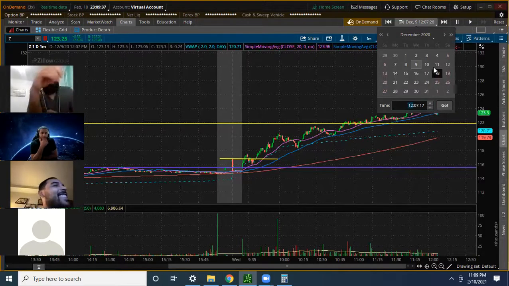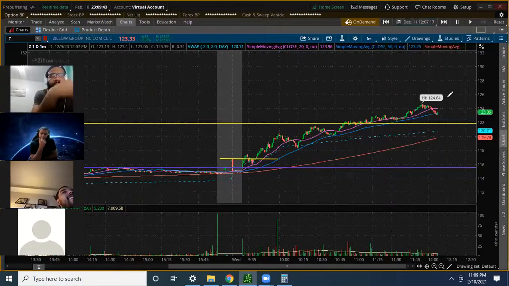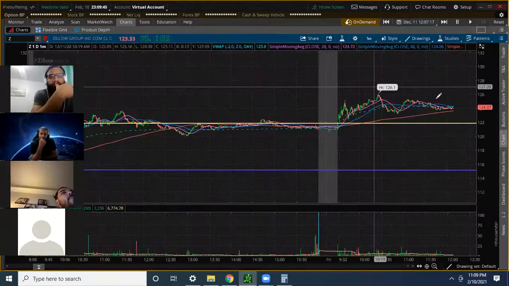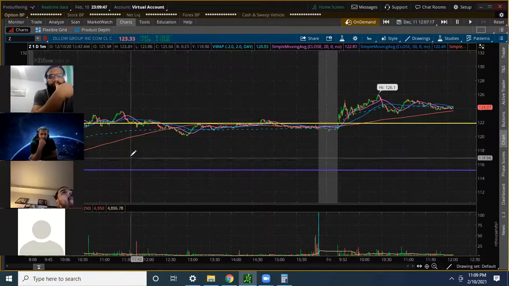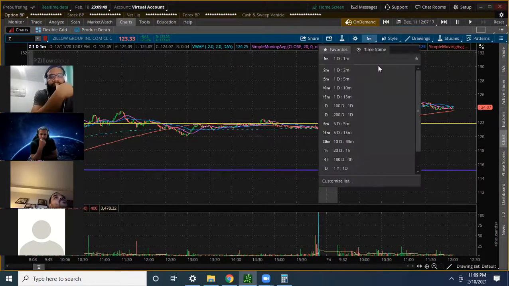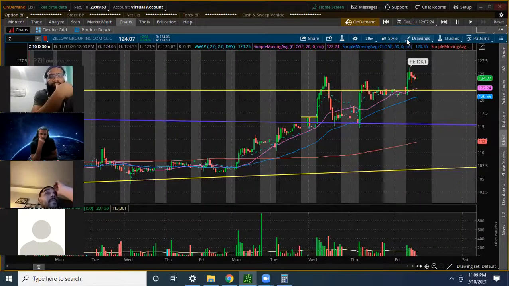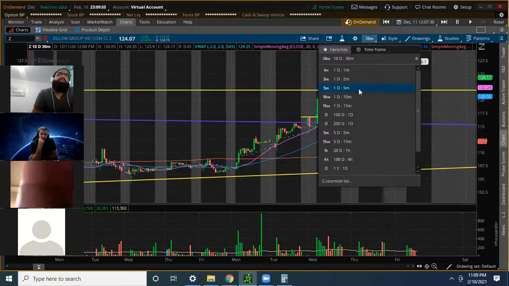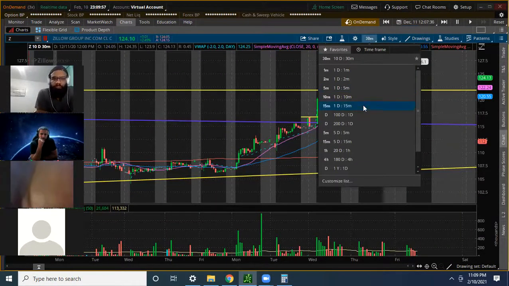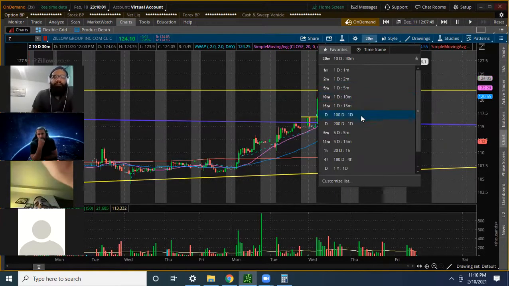Absolutely. So we're gonna fast forward and see what happens on the subsequent days, and we're gonna see why trend lines are important. Okay, so let's go to the past 5 days. That day was Wednesday. I fast forward all the way to Friday.